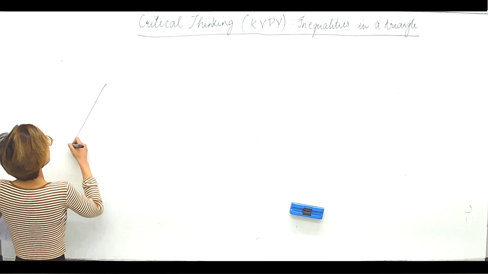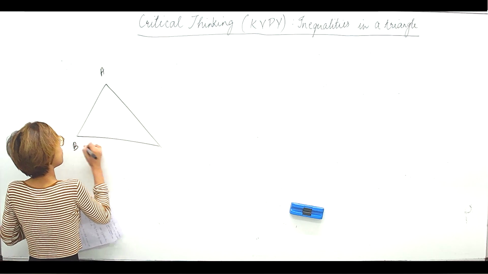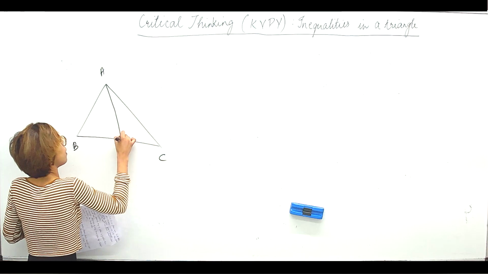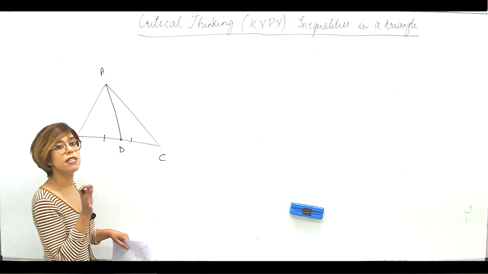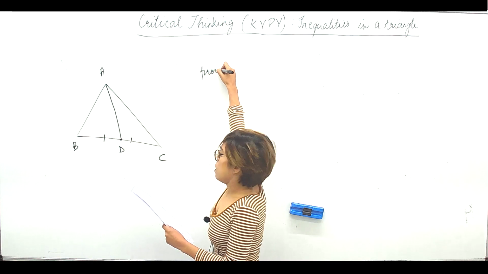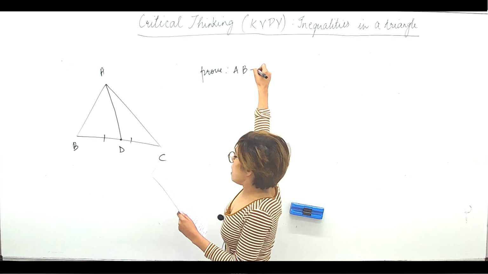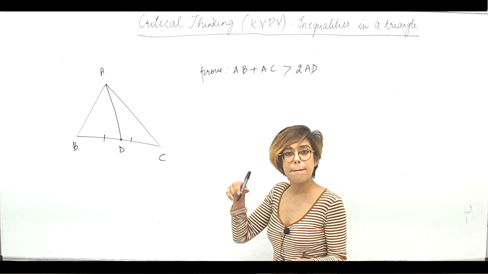In a triangle ABC, AD is the median. Obviously, we know what a median is, right? Yes, we do. So I need to prove that AB plus AC is greater than 2AD.